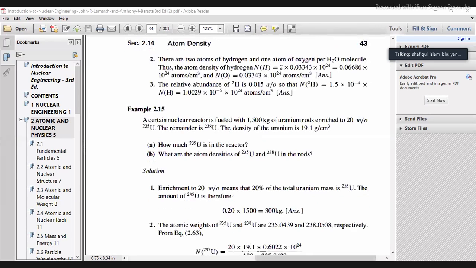There are 2 atoms of hydrogen, so you multiply the molecular density by 2, and then you get the atoms per centimeter cube of hydrogen.